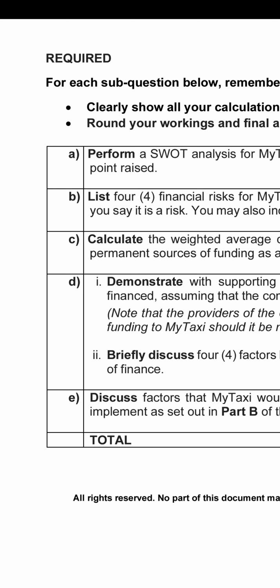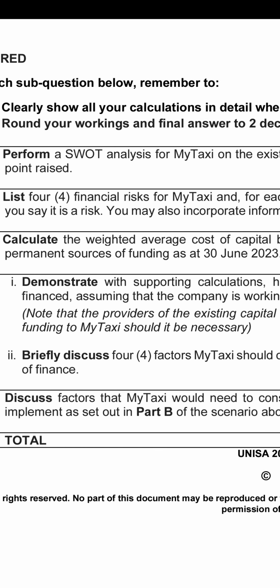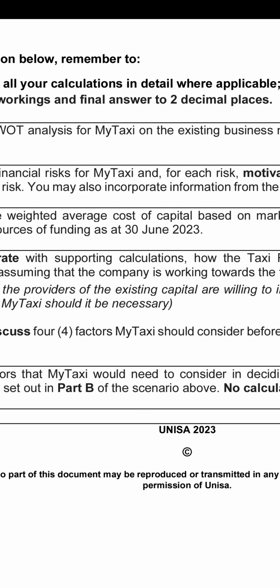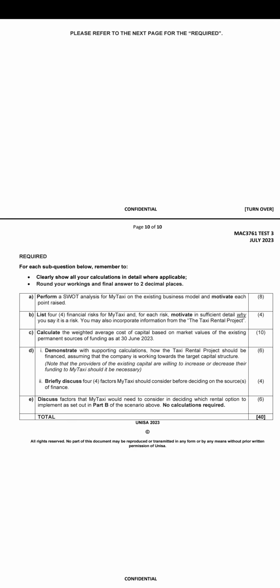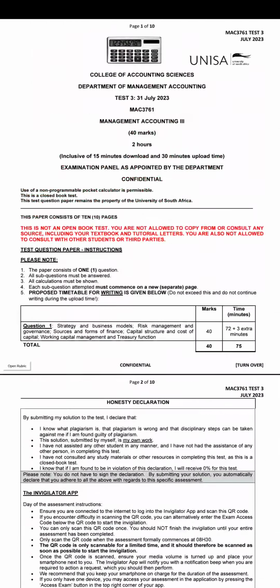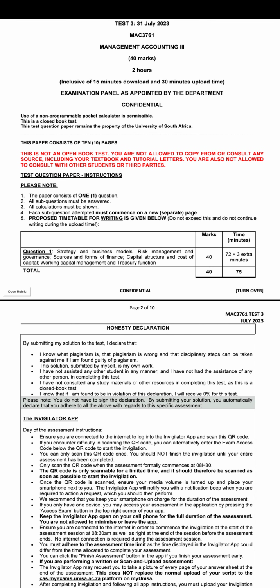So you start all of this on a new page. That is what the marker and the examiners want, so stick to that, guys. Please don't be doing part A done halfway and then you start part B on that same page.